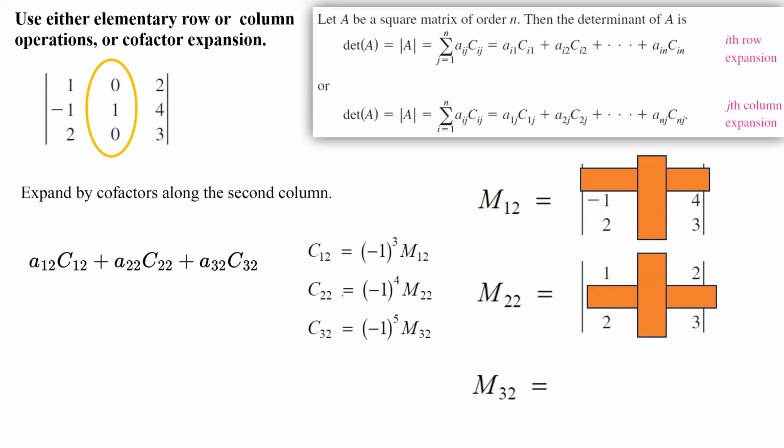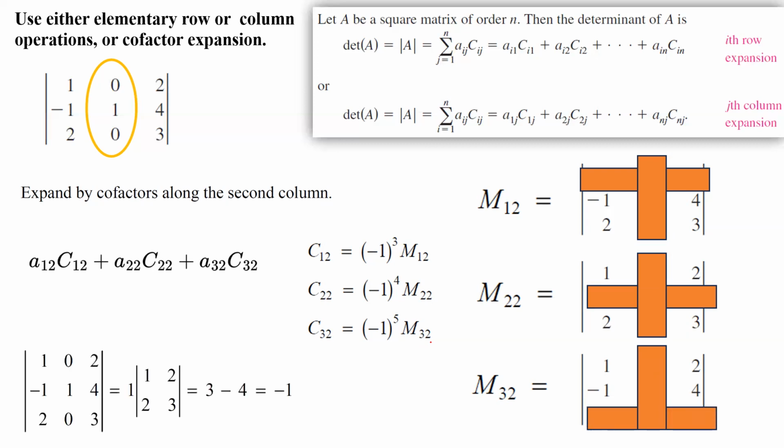And finally, the cofactor for the third row and the second column is equal to -1 to power 3 plus 2, which is 5, multiplied by the minor for the third row and the second column. The minor for the third row and the second column can be calculated by deleting the third row and the second column. So what are we going to see?